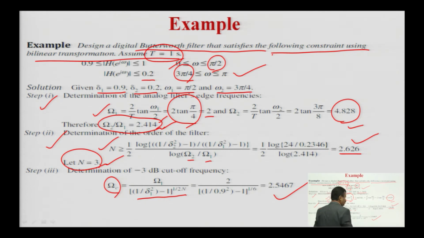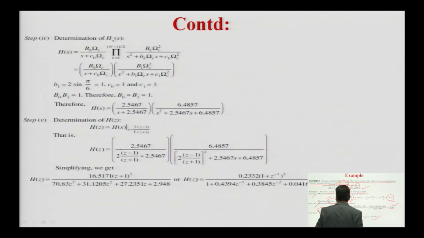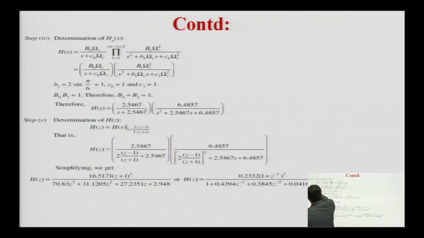After that you can adopt that method also. In this question I am telling you another method also. Whenever your n is odd or even, here your n is odd. So, n is odd, then you can write your H(s) in this form also. So, H(s) is equal to the formula whenever your n is odd.